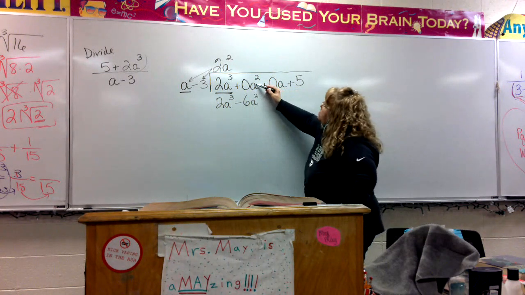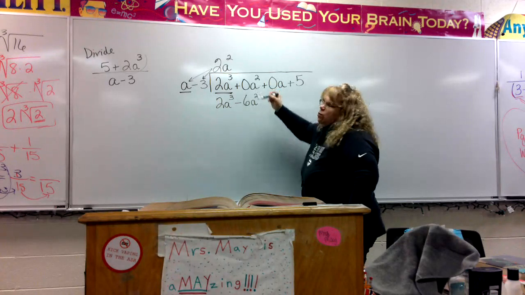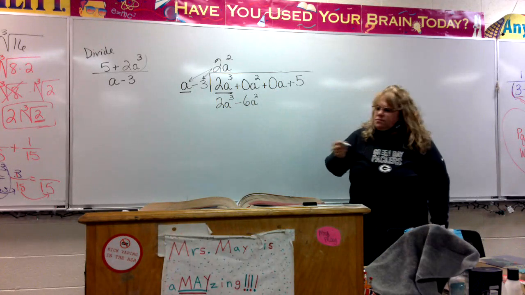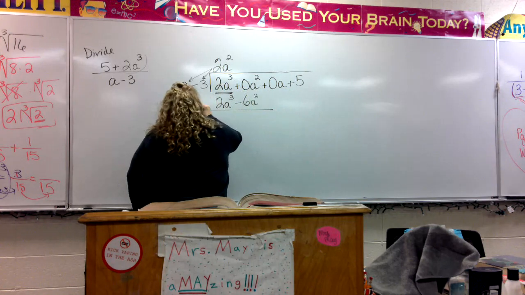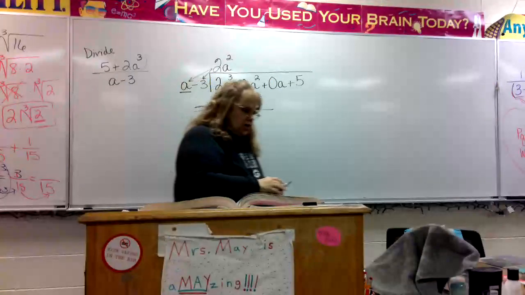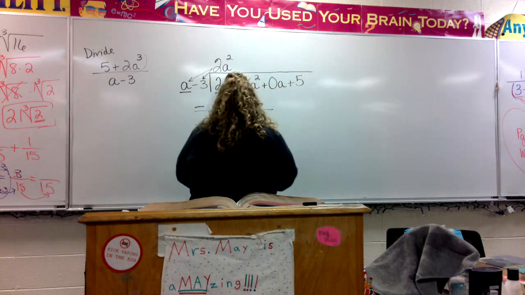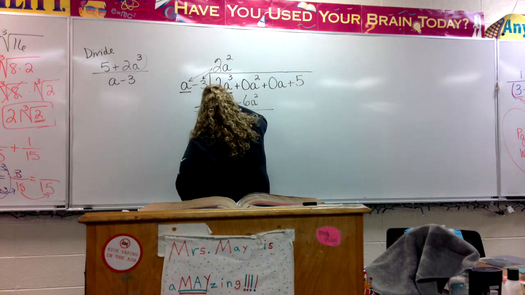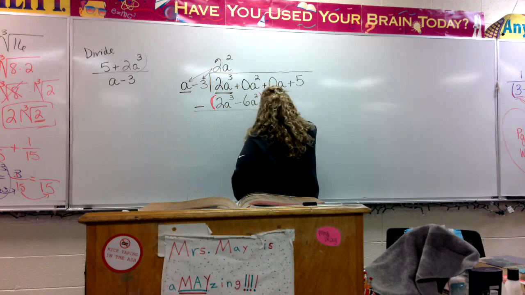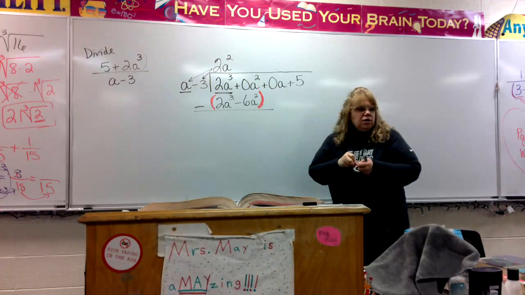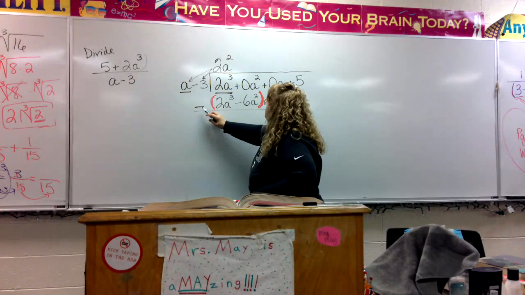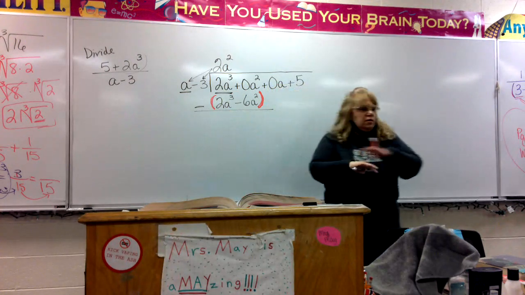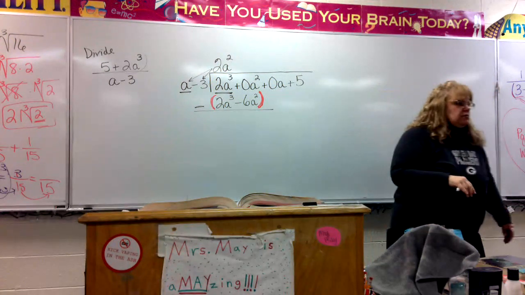That's why we had to put the 0 in here. Because what's our next step after you multiply? You have to subtract. And make sure you remember you are subtracting this whole thing. Well, first one, 2a to the third, take away 2a to the third, nothing. Drops out. Gone.